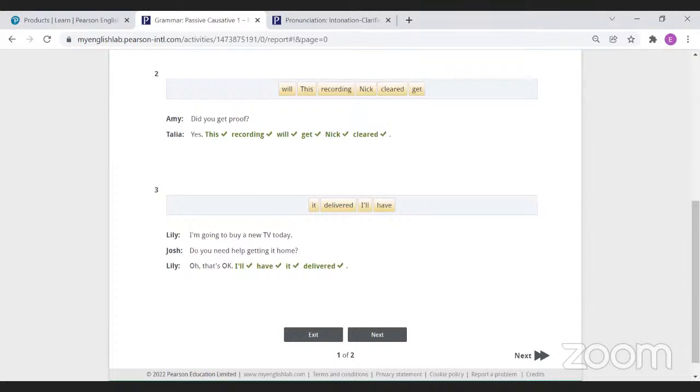So let's go to the second one. To the next.